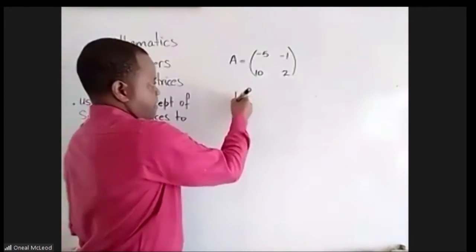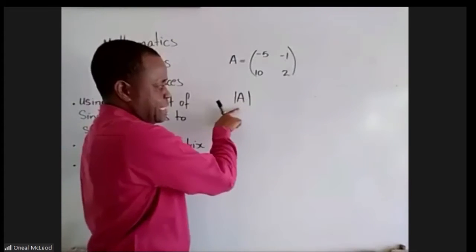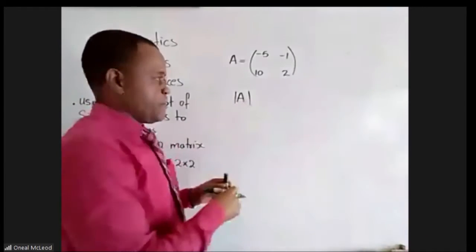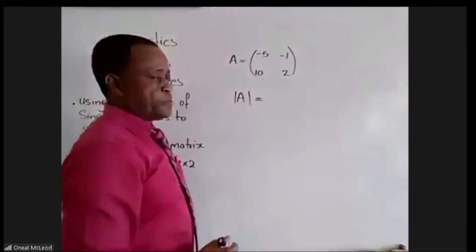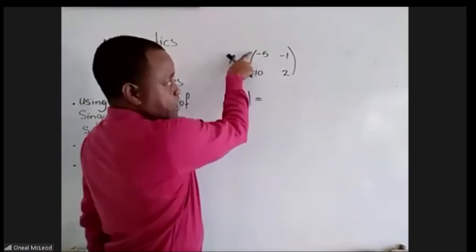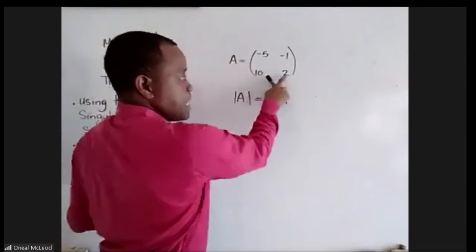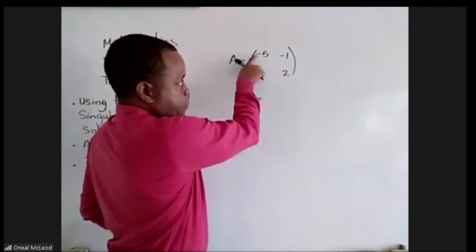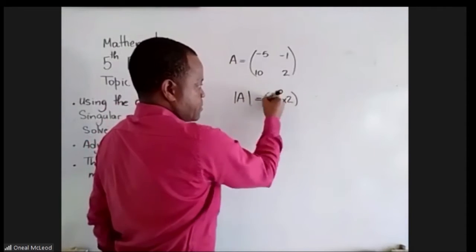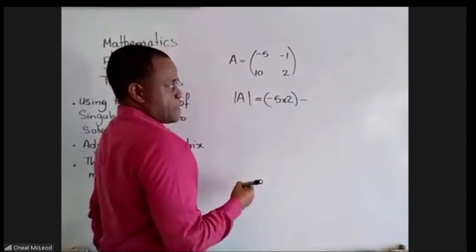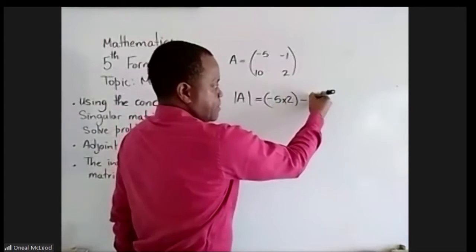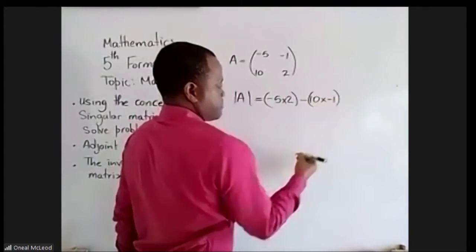Now, the determinant of A, as was mentioned in the last session, this is how we write the determinant of A, and that is going to be equal to the product of the leading elements, which is the one in your top left and your lower right. So the product of the leading, which would have been -5 times 2, minus the product of the non-leading, which would have been 10 times -1.